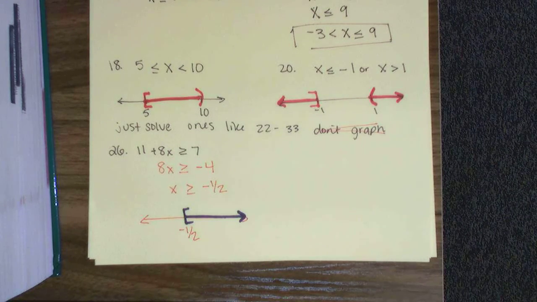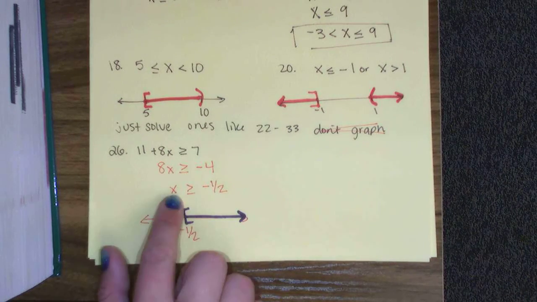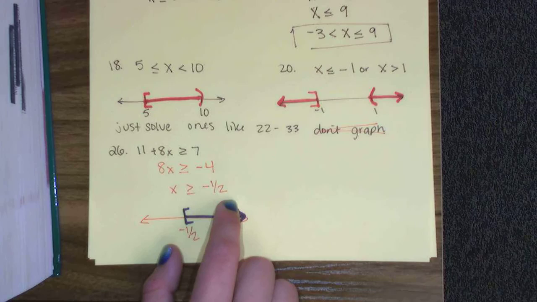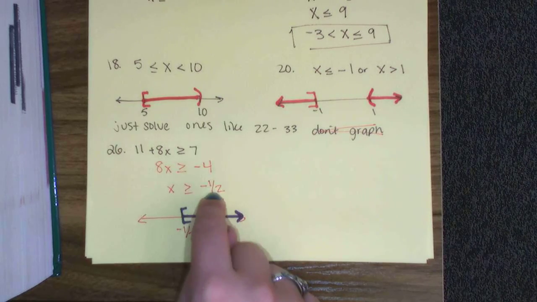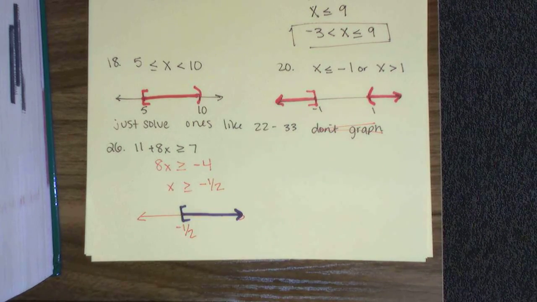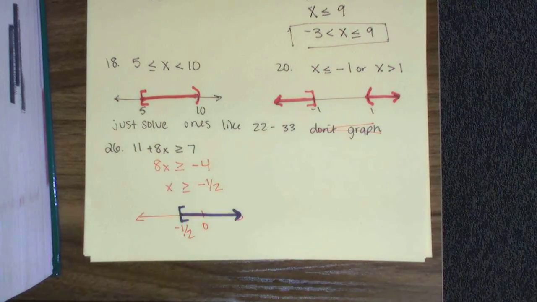I'm just trying to make your life easier. Because x is greater than or equal to negative 1/2, if I plugged in 0, 0 is greater than or equal to negative 1/2. That's why I say sometimes you should do the 0, but it's up to you, because then you can use 0 as your reference point to check it.